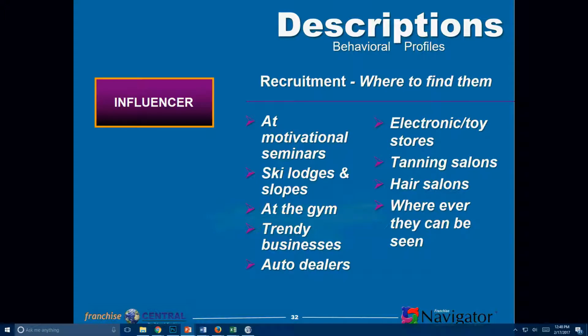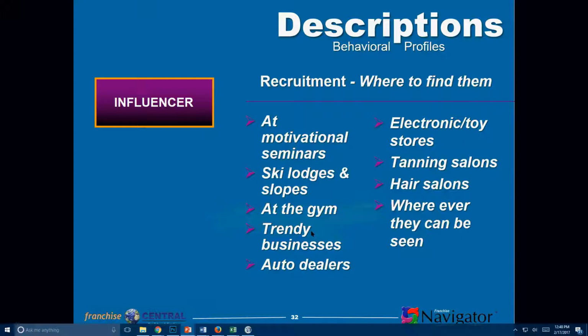Where do you find them? You find them at motivational seminars because they always want to learn. And again, it's all about leapfrogging. It's all about gaining and leveraging what somebody else has experienced and then trying to make it work for themselves. Ski lodges, slopes, anything dealing with sports, at the gym, trendy businesses.